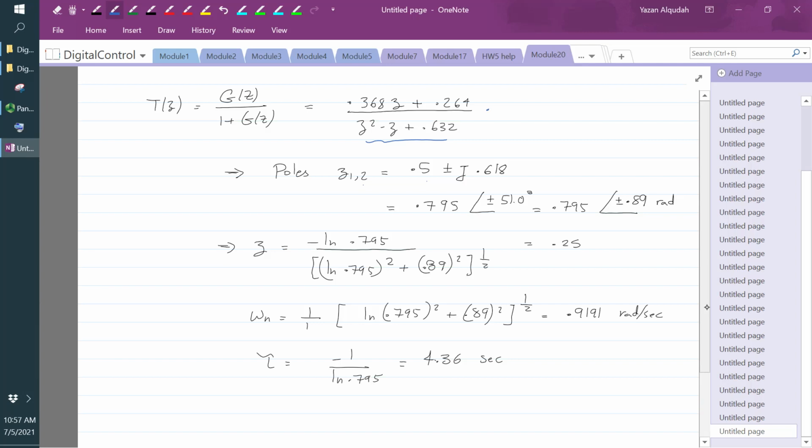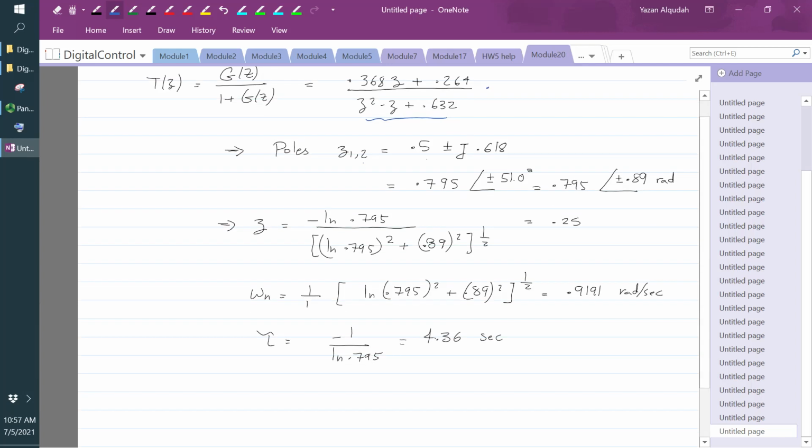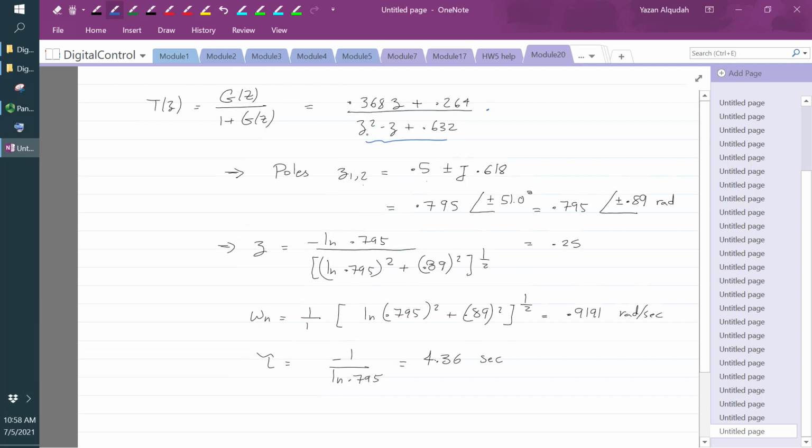And therefore I can calculate zeta. Now the notation is going to look confusing because I have z and this is zeta, so please don't confuse them together. This is zeta of the second order system.